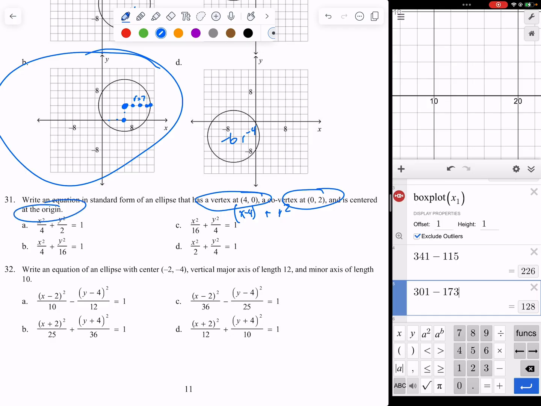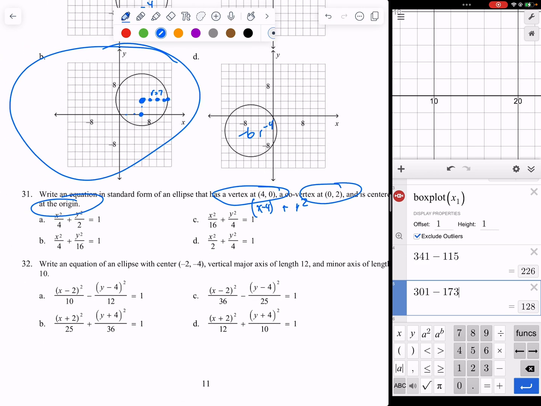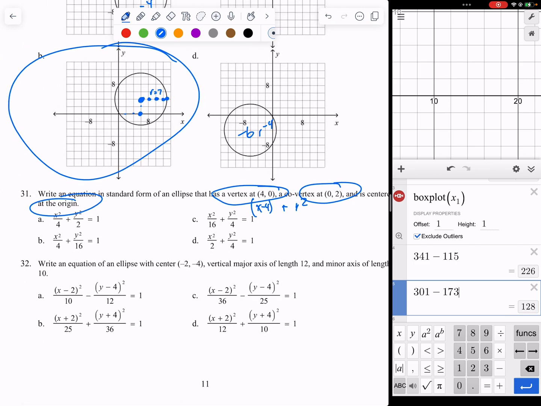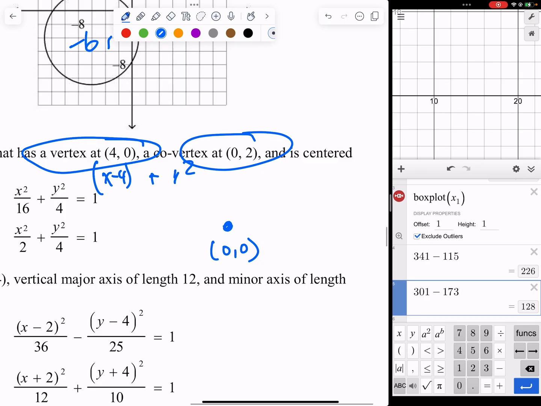Centered at the origin. So the vertex is bigger. So 0, 0. Vertex at 4, 0.